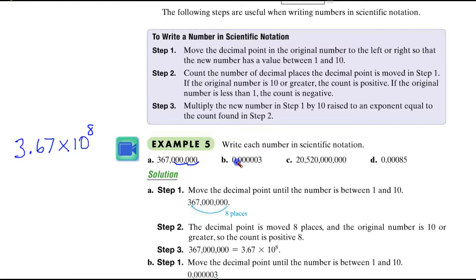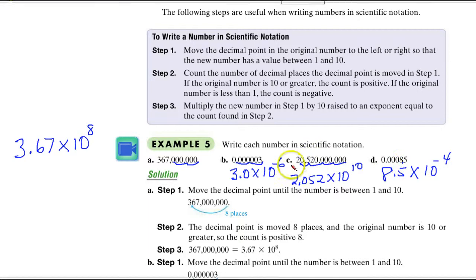Now I'm going to go 3, 6. 3.0 times 10 to the negative 6. 3, 6, 9, 10. 2.052 times 10 to the 10th. And here is 1, 2, 3, 4, 8.5 times 10 to the negative 4.